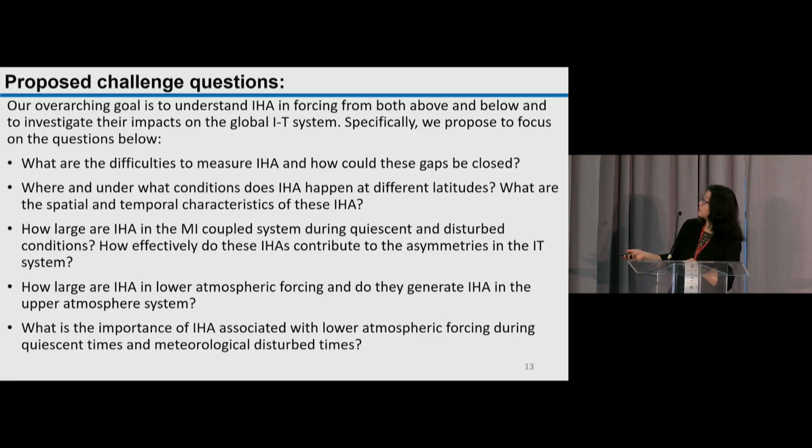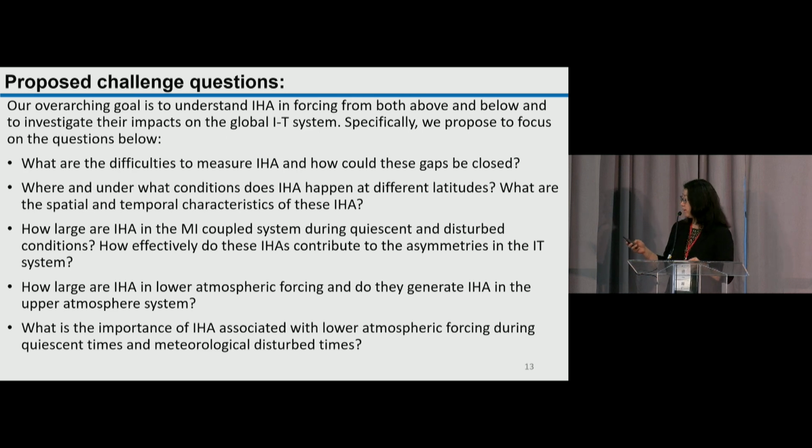We have a bunch of proposed challenging questions. Our overarching goal, of course, is to understand the asymmetry in the forcing from both above and below, and to investigate the impact on the IT system.